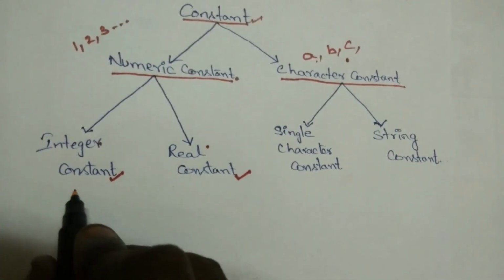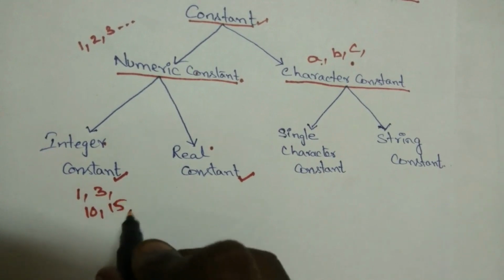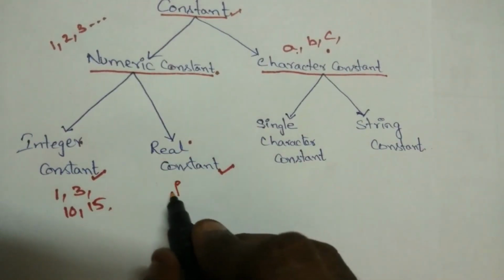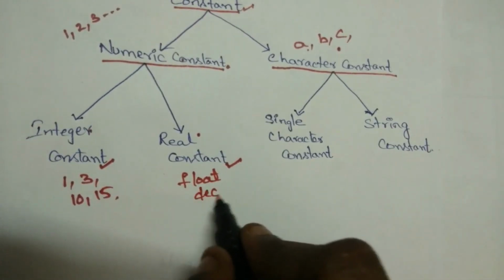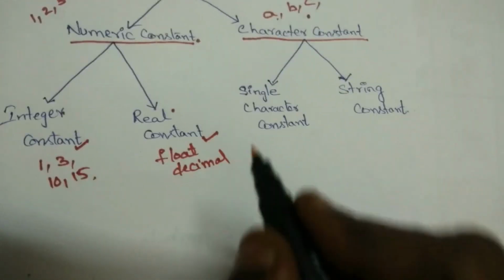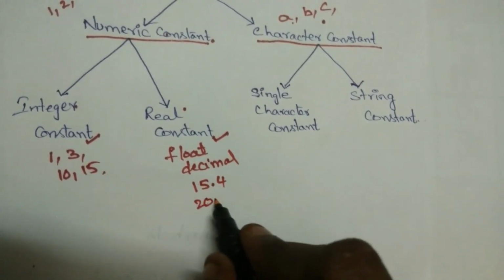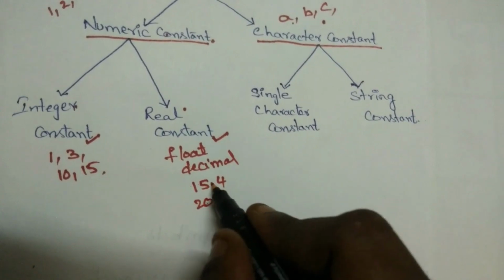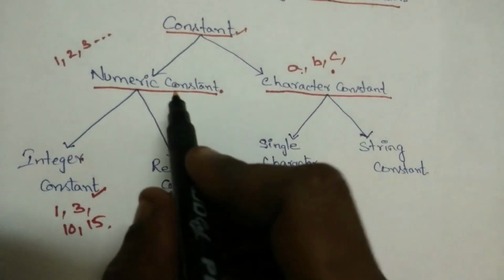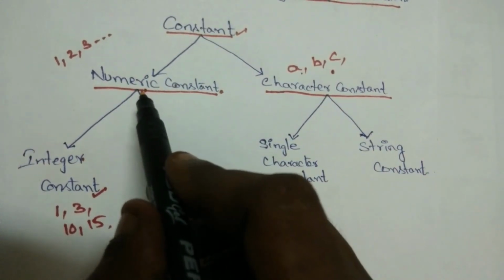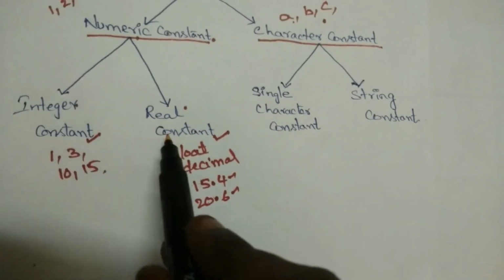Integer format means, suppose, 1, 3, 10, 15. Real means simply a floating point value, where there is some decimal part, like 15.4, 20.6. Understood? A numeric constant can be represented in two ways, integer constant or real constant.